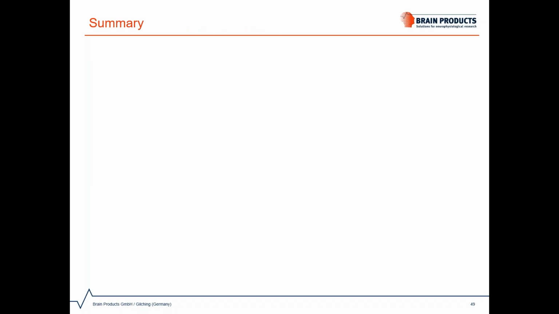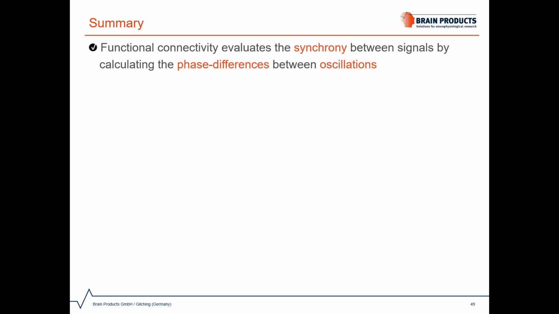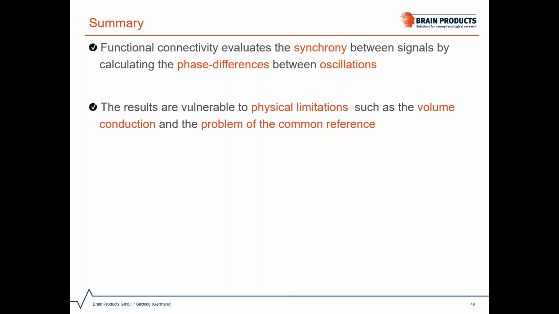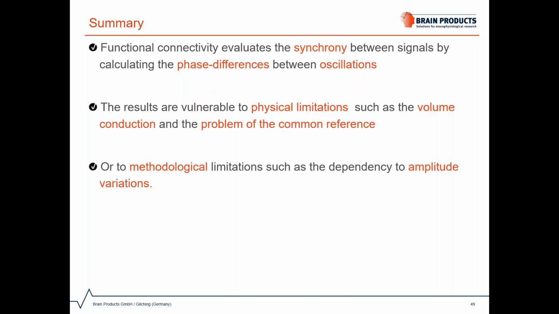Okay, we are at the end of the webinar, and I would like to summarize the more general aspects that I hope could be learned from it. Functional connectivity evaluates synchrony between signals by calculating the phase differences between oscillations. On the sensor level, in particular, these results are vulnerable to physical interferences such as the crosstalk between electrodes, or to methodological limitations such as the dependency to amplitude variations.